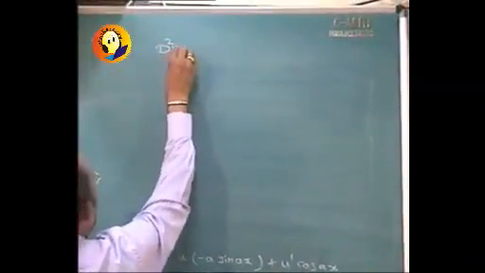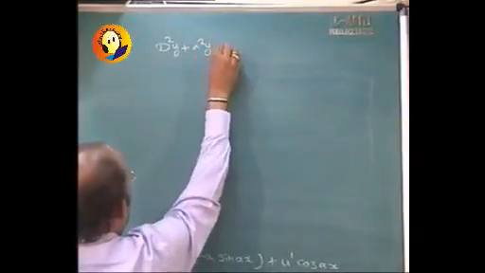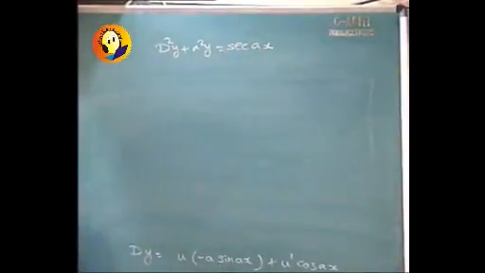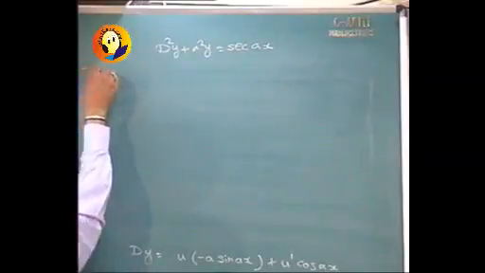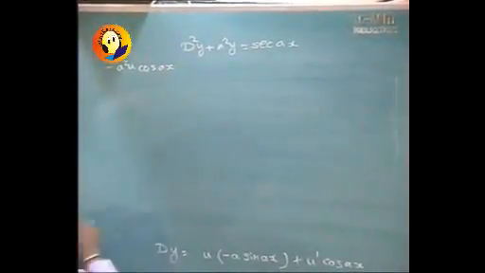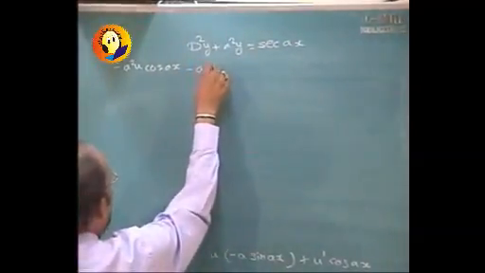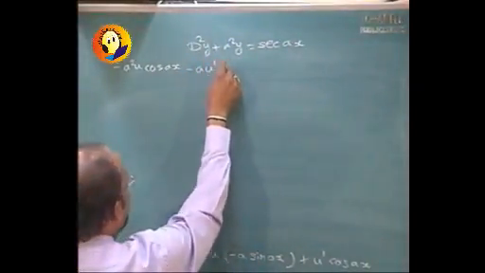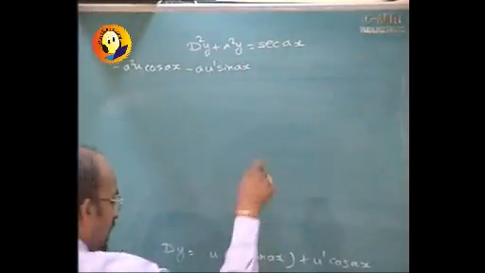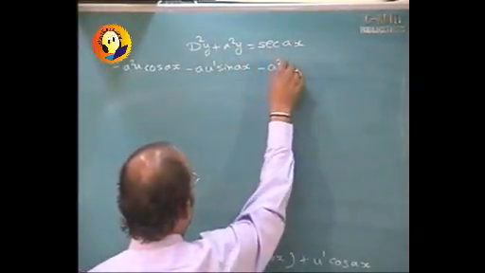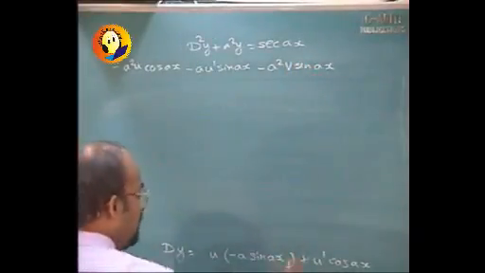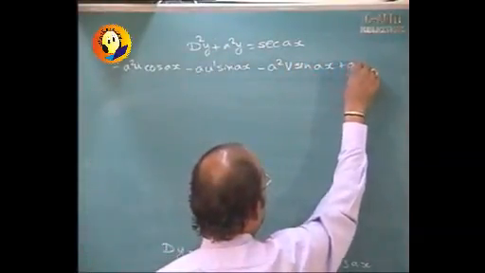If we substitute d square y it will be minus a square u cos ax minus a u dash sin x minus a square v sin x plus a v dash cos x.